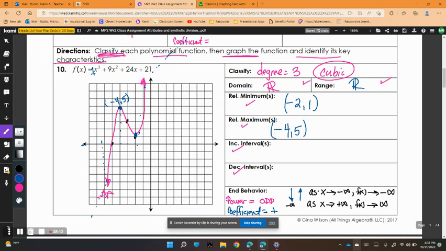Now, when we're talking about increasing and decreasing intervals, that's going to be kind of a weird thing. When we're talking about intervals, we're always going to go from left to right on the graph. Let me erase this to make it a little more clear.